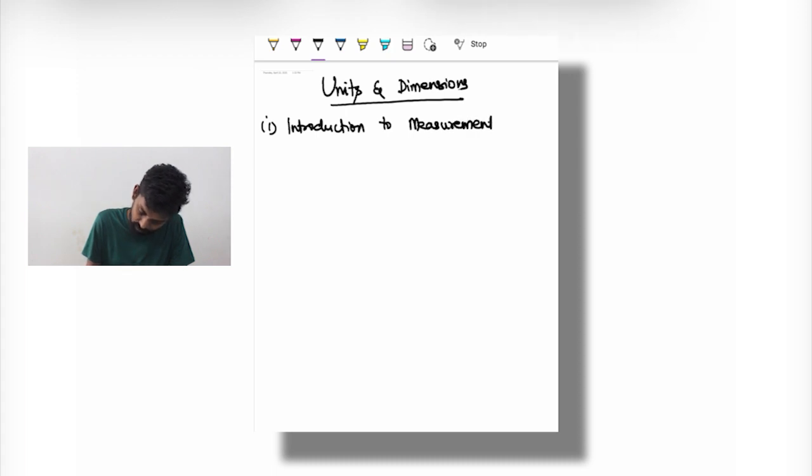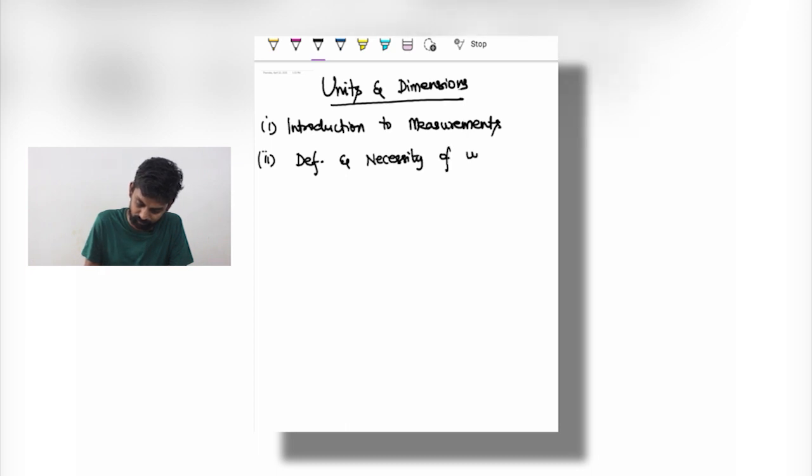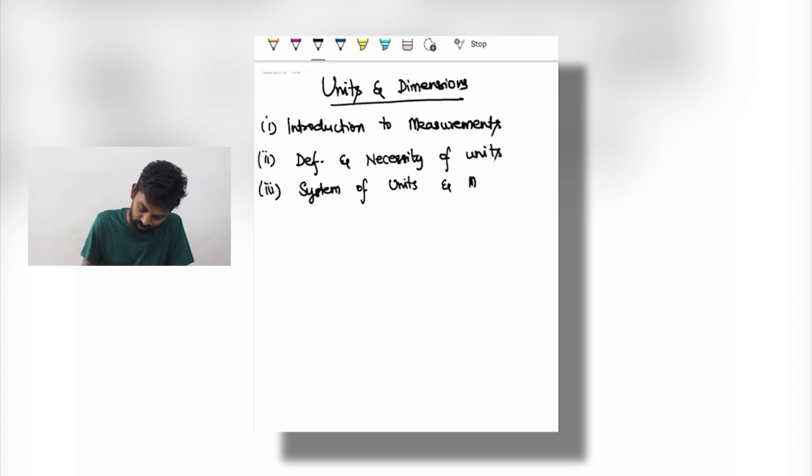We have already discussed a part of it by now. Second one, definition and necessity of units. Third, system of units and multipliers.